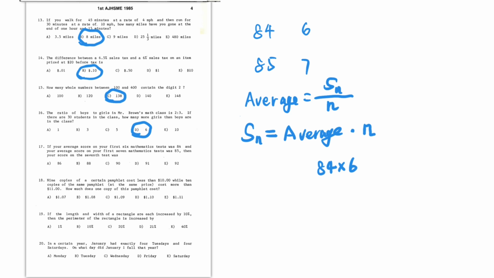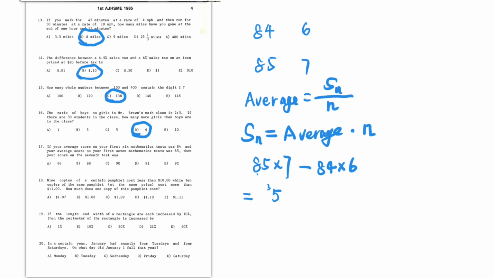First 7, the total score is 85 times 7. The difference will be the 7th test score.